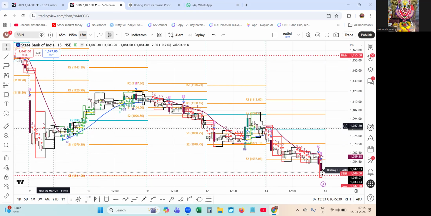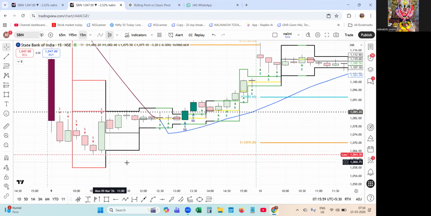So it keeps updating itself with the current market data. See, this is the R1, this is the pivot, and this is the S1. With a wide range, it balanced itself, and it started moving here. It gives you a buy signal.